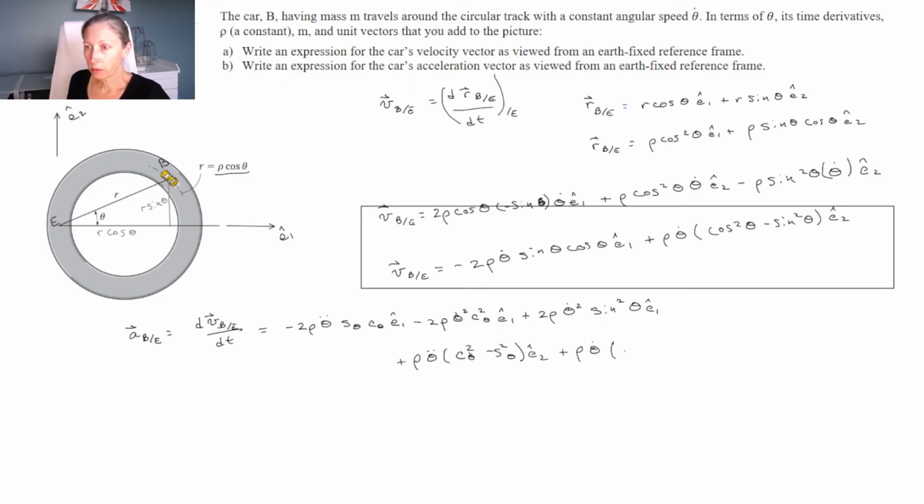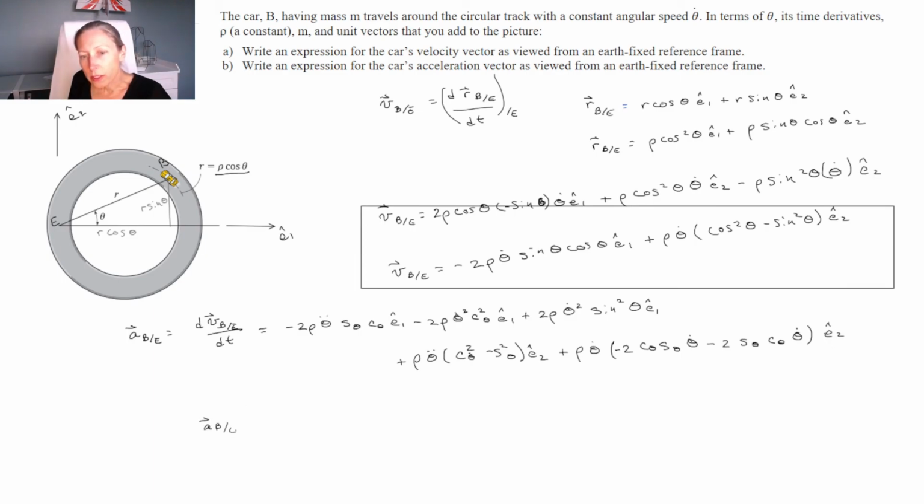We need to do 2 cosine theta. The derivative of cosine theta is negative sine theta. So there's negative sine theta, and then I need that theta dot. And then minus 2 sine theta. The derivative of sine theta is cosine theta, and I need the theta dot. So I think that's it. And this is in the E2 direction.